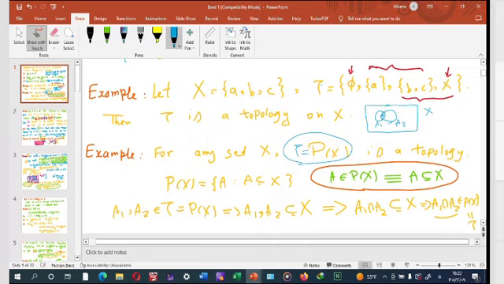It is very trivial that this is a topology. For example, the empty set and X are in P of X, since the empty set and X are subsets of X. And for any family of subsets in tau, its union belongs to tau.